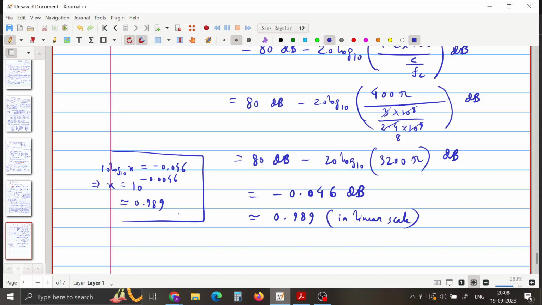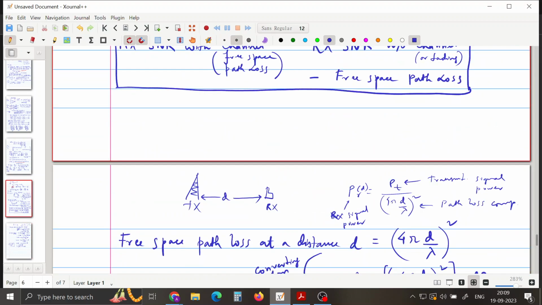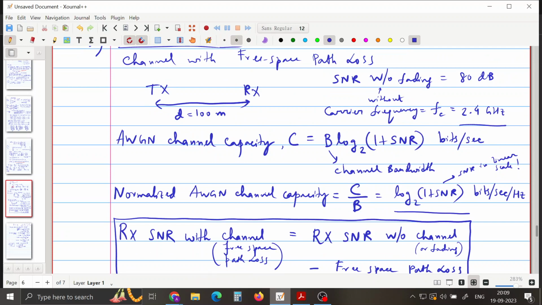Okay, that's what I have written here. That's the dB to linear conversion. Now you substitute this value in, let me call it by some equation number. Let me call it equation star.